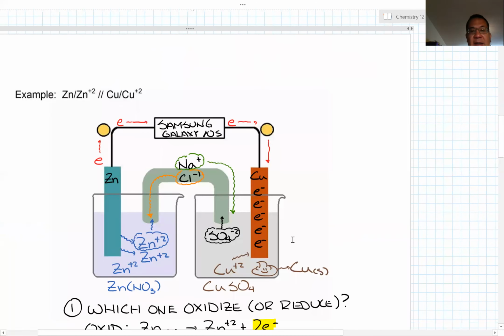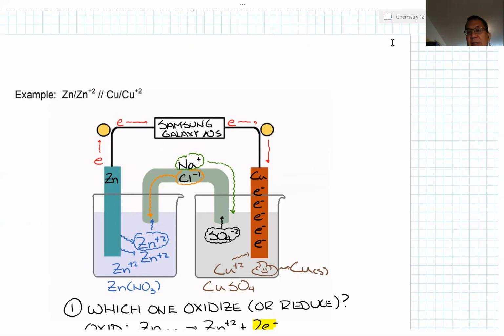But if we look at the diagram right here, it doesn't matter what chemicals we use. In this case, we had zinc and copper. We could change it to something else, but the setup is exactly the same. We have a salt bridge, we have a half reaction, a half reaction, and we generate electricity. The only difference is how much electricity we produce.